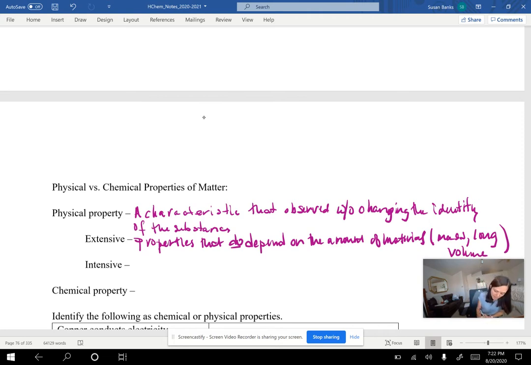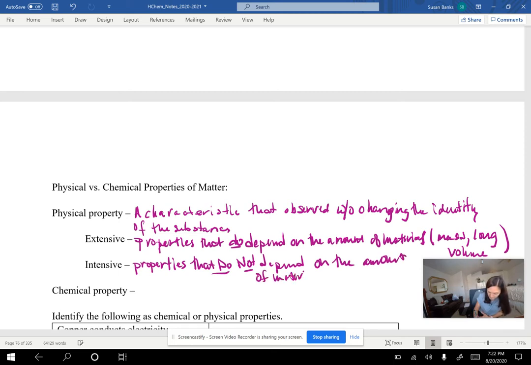Intensive properties are properties that do not depend on the amount of material. Okay, so for example, with that pencil, we could have color, conductivity, whether it conducts electricity.